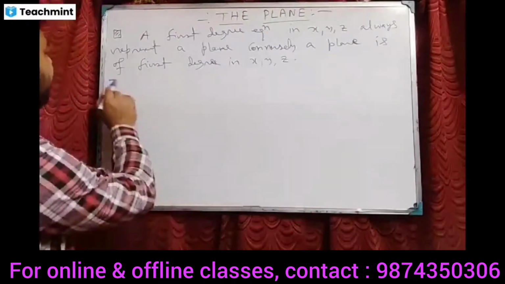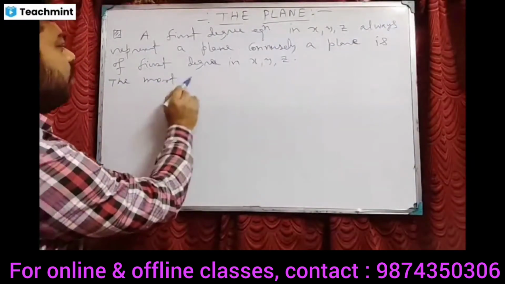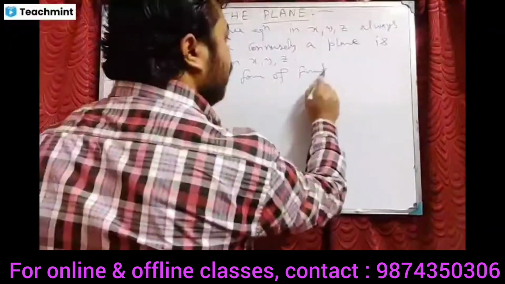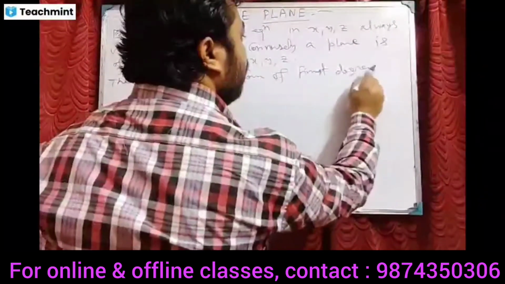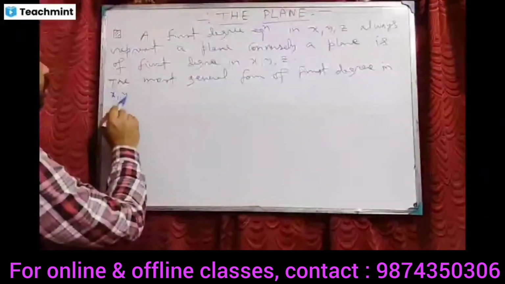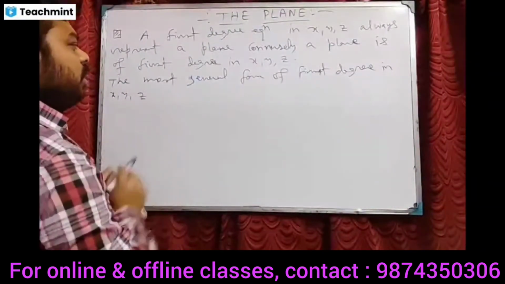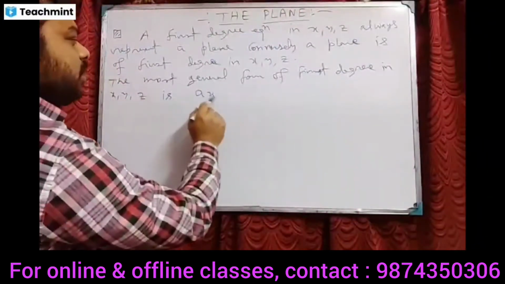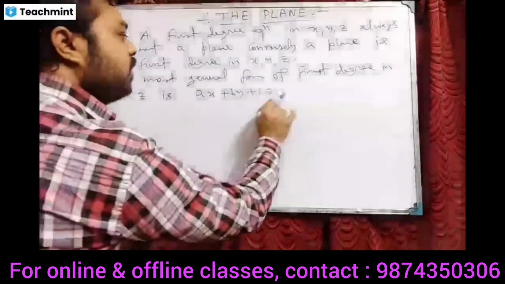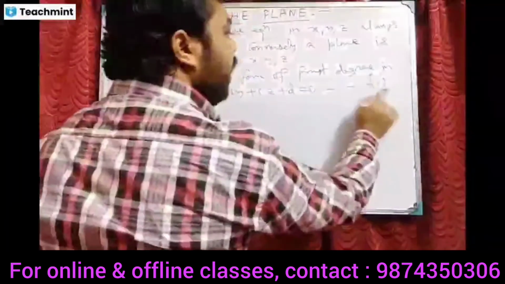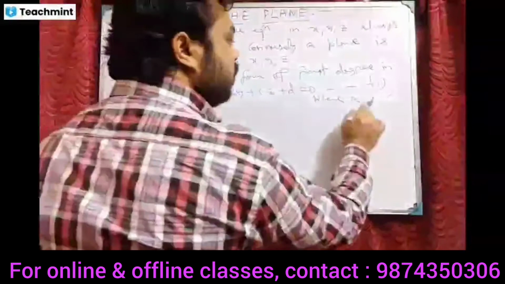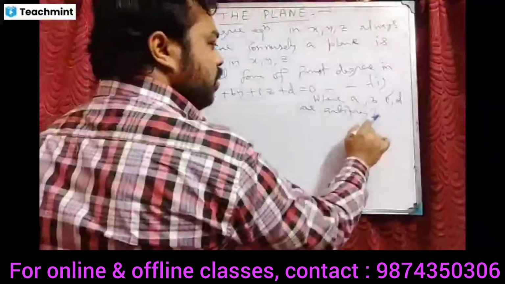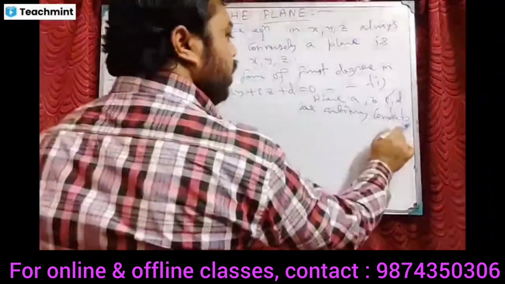अच्छा sir. The most general form of first degree equation in XYZ is ax plus by plus cz plus d equals to 0, where a, b, c, d are arbitrary constants. Okay.